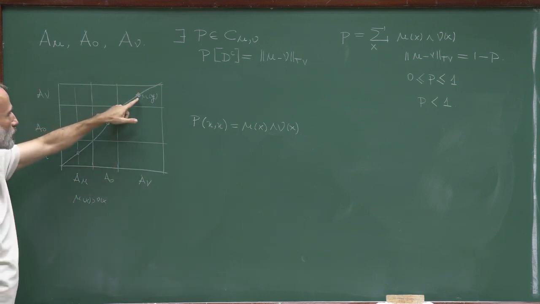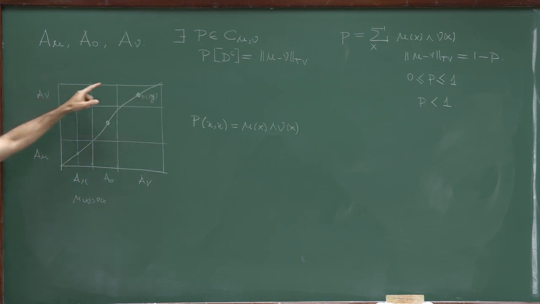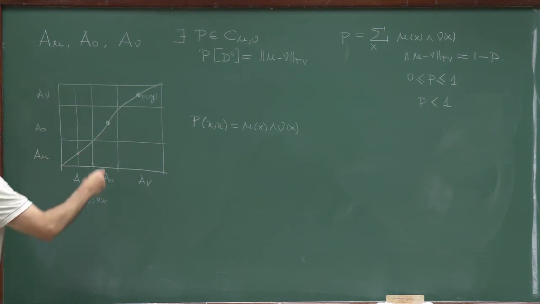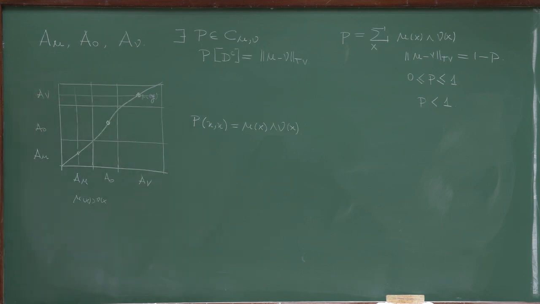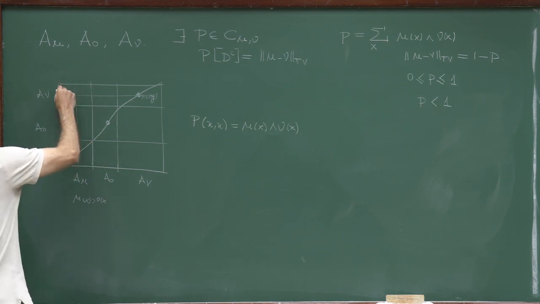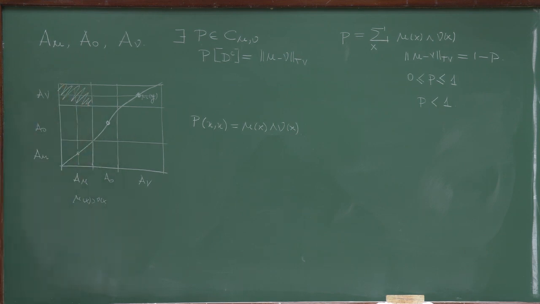The mass on the diagonal is mu of y, because y belongs to the set A nu, and on the set A nu, mu is strictly smaller than nu of y. And this means that I need to put some more weight on this line. And the idea will be to put all the weight on this portion of the set, so on the set A mu times A nu.